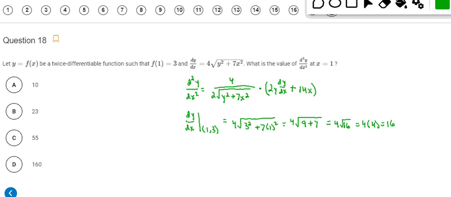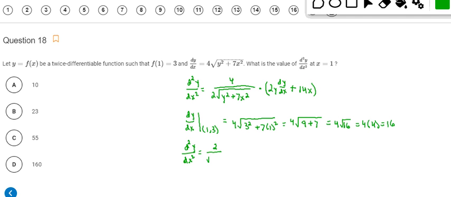And now we can go ahead with this expression right here for d squared y dx squared. That is going to equal, and I'm going to go ahead and simplify that, 4 halves is 2, divided by, now I already know that this is the square root of 16.